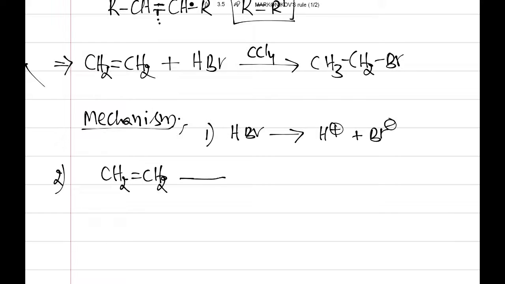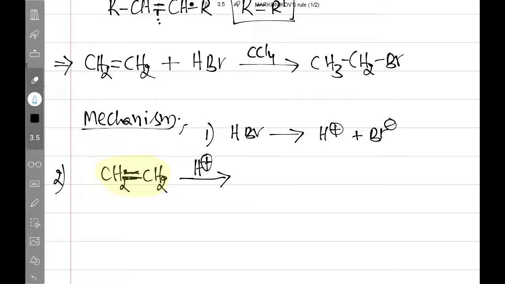Between carbon and carbon we have a double bond, so there are pi electrons. That means there is a pi electron cloud over the complete alkene. What is the electronic charge? Negative charge. And here we have H plus, positive charge. So H plus is attracted to this negative charge.